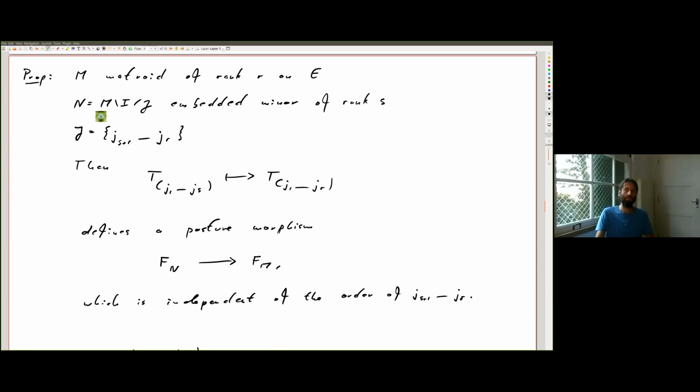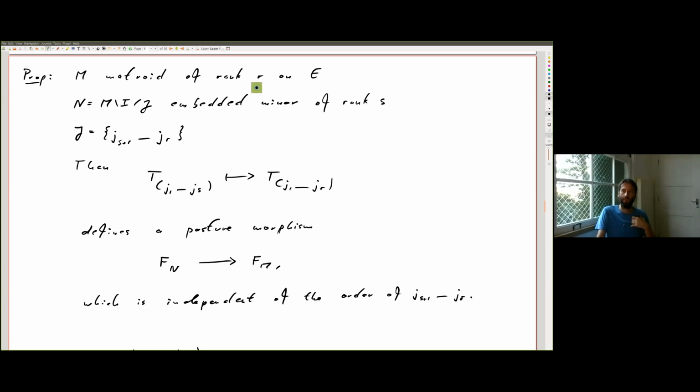I write embedded minors now just as M excluded I contracted J, assuming that it's really this pair of a co-independent I and independent J. And I fix an arbitrary ordering of the elements of J.